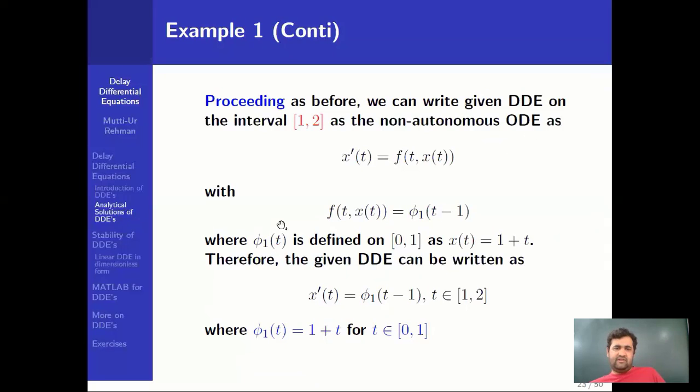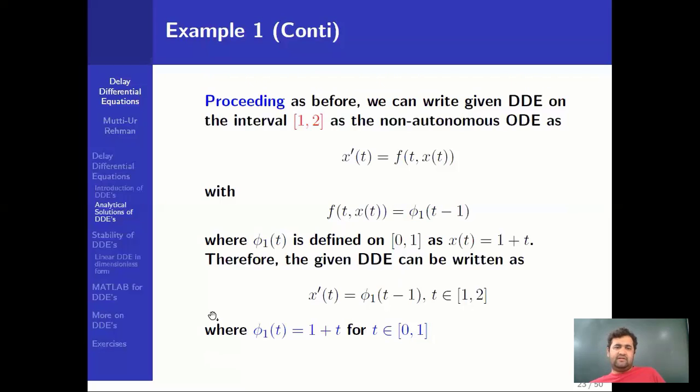And now over here, you will see that this guy basically is defined over this interval, okay? And x of t is basically 1 plus t from the previous step. So therefore, my delay differential equation can be written in this particular fashion. Okay, so now my next history function, which is phi1, is 1 plus t, and t is from 0 to 1.